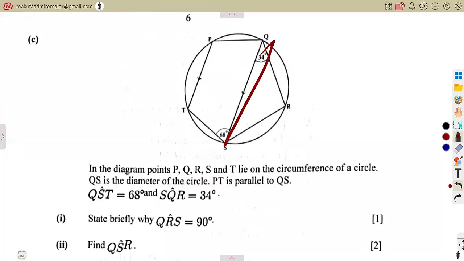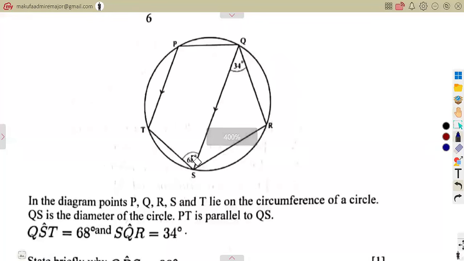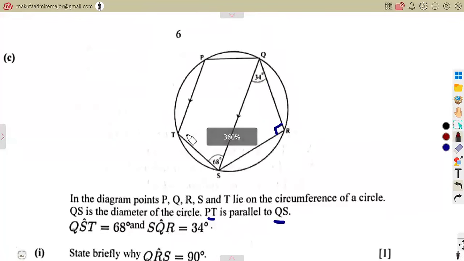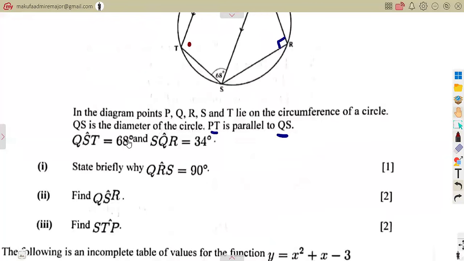Remember that a diameter subtends an angle of 90 degrees at the circumference, meaning there's 90 degrees at R. Then we're given that PT is parallel to QS. These two lines are parallel, so you can talk of the co-interior angles adding up to 180 degrees. That is what we have. So many things. Then we've got these two angles.